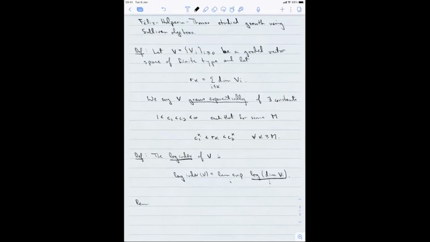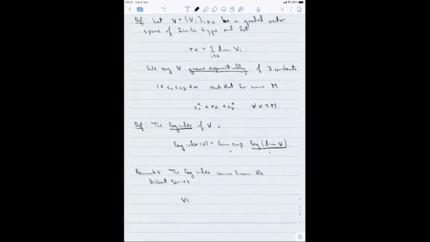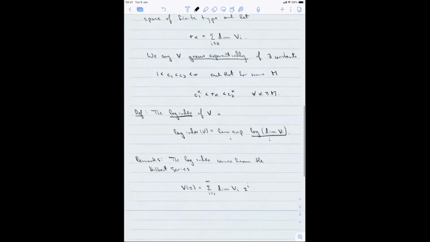Just a couple of remarks. One is that this log index is related to a Hilbert series. V(z) is the sum from 1 to infinity of the dimension of V_i times z to the i.